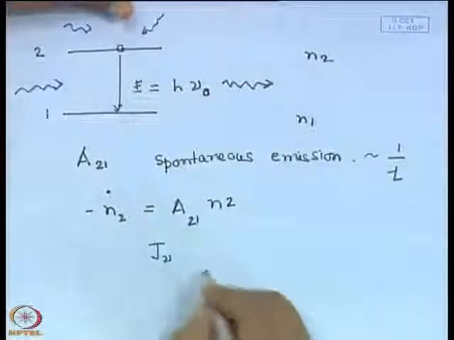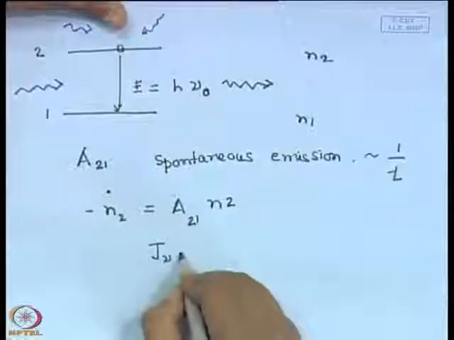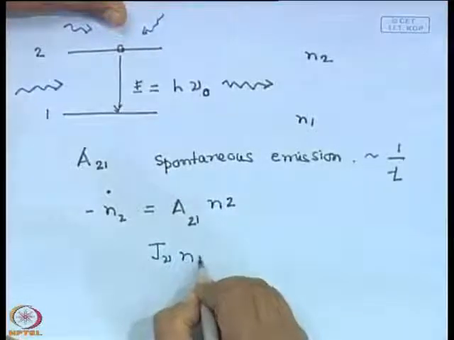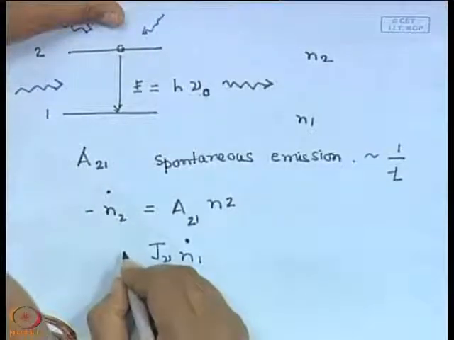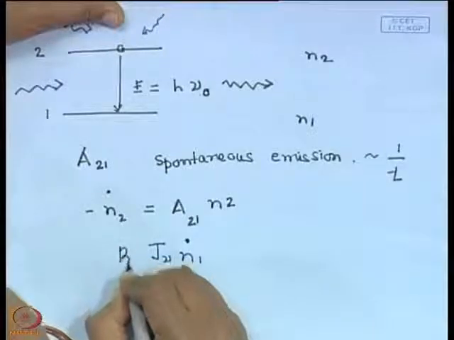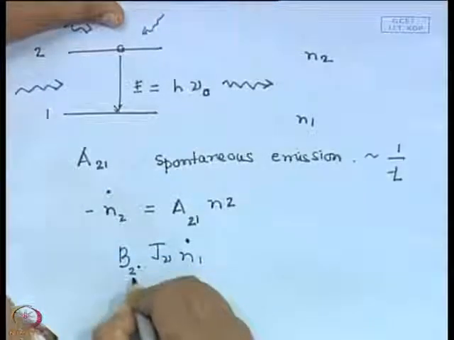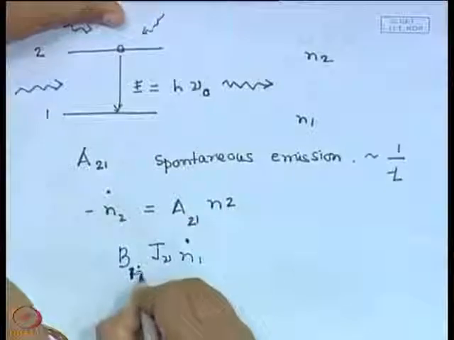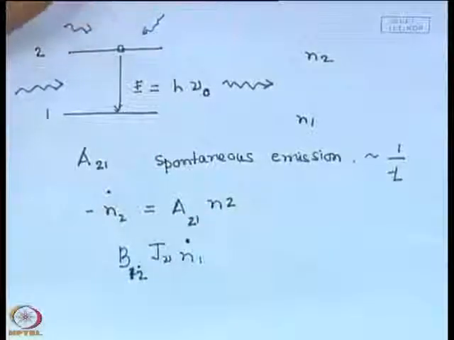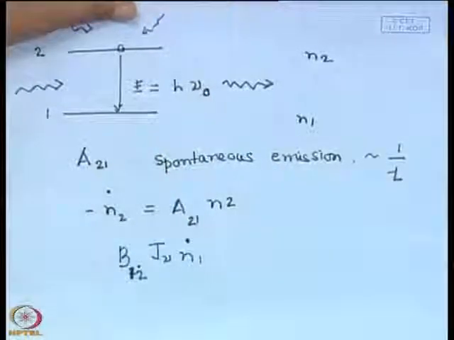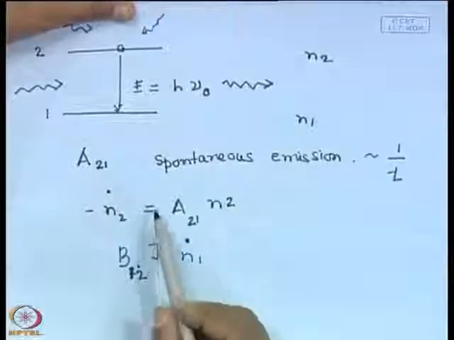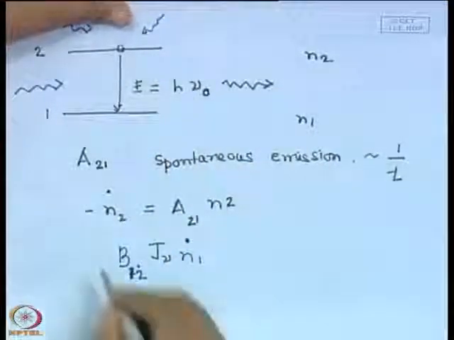So the angle averaged specific intensity J into the number density of particles in the ground state N1 into B12. This is the rate at which, in the presence of an external radiation field, the particles go from the ground state to the excited state.